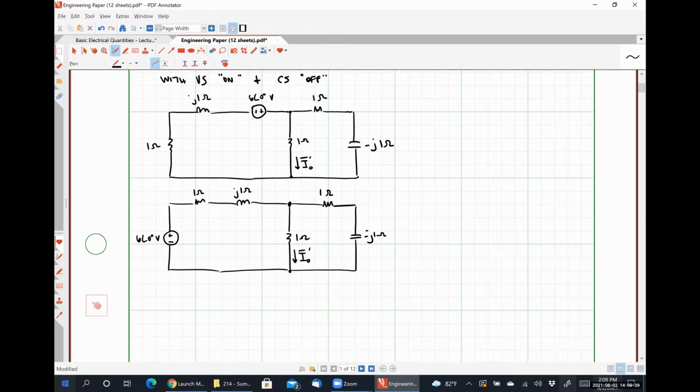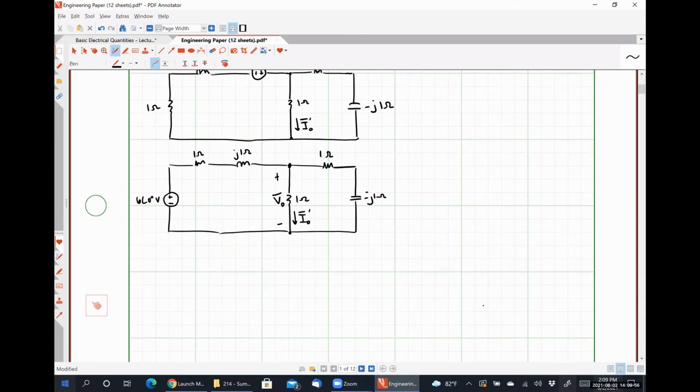All right, what I'm going to do now is call this voltage V0 and solve for it using voltage division, which should be fairly straightforward. We have a voltage source connected to some impedances.